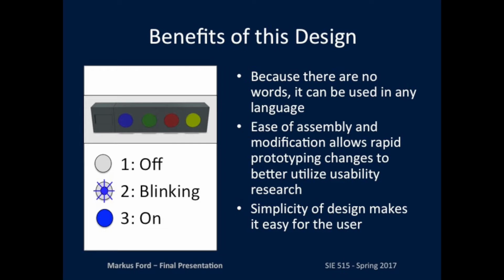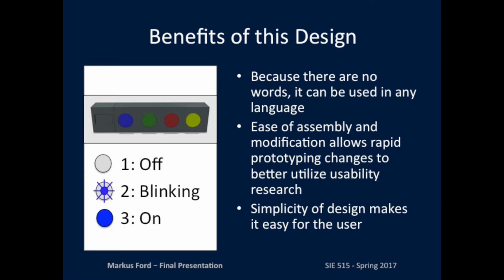Next, I'd like to talk a little bit about some of the benefits of this design and the approach that we have for coming up with this solution. Because there are no words, because this is not a text-based interface, it can be used with any language. It can be used with folks who might have developmental disabilities. It's very simple, very clean in its approach. We're also using digital fabrication techniques, specifically 3D printing, in the assembly and modification of the unit.